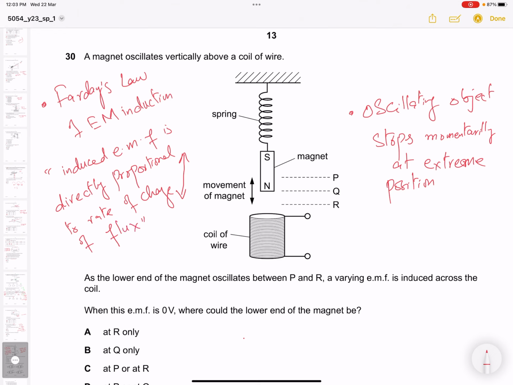And flux changes when the magnet is moving.